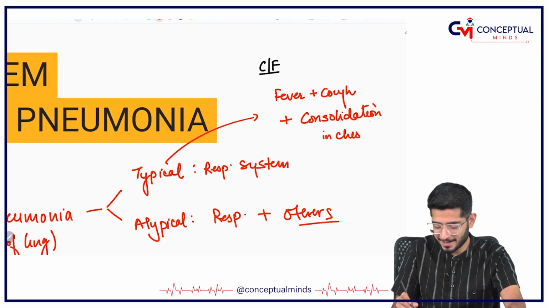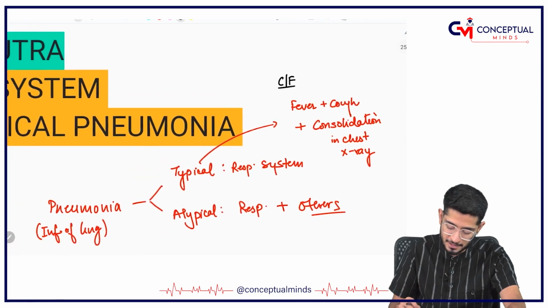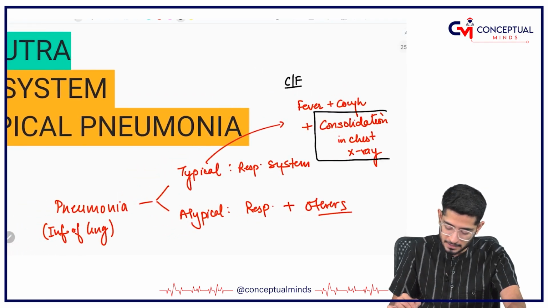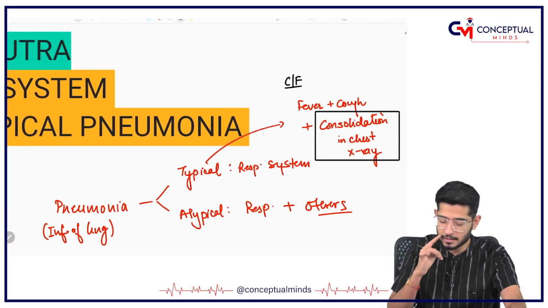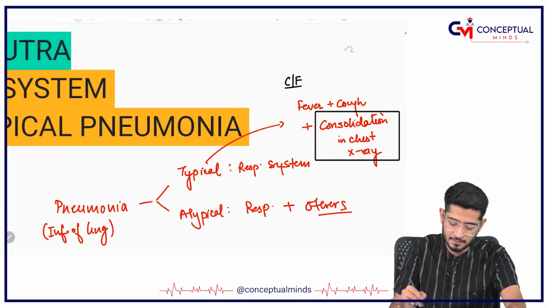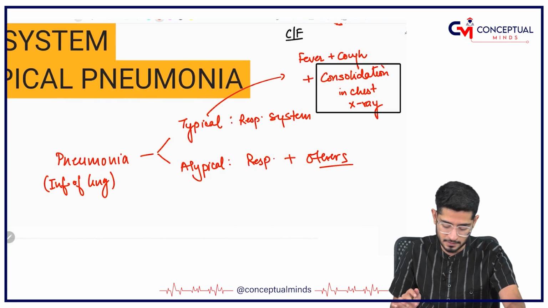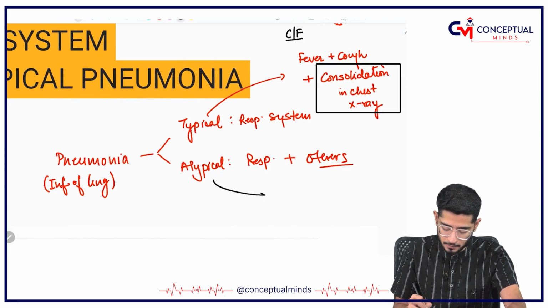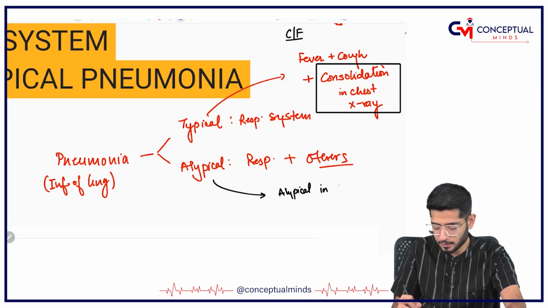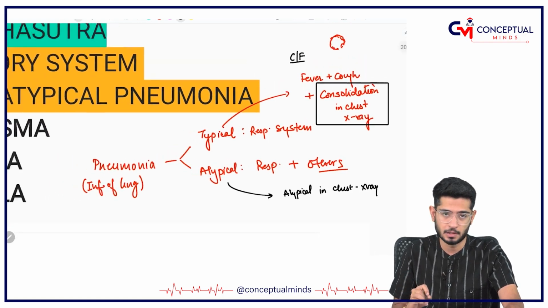Although I can teach you, this is not my domain to show you the consolidation in the chest X-ray. You can just imagine a white colored, circular, rounded consolidative shadow that is formed in the chest X-ray. These are the typical features, whereas atypical ones have got some atypical presentation in the chest X-ray. That's why they are called atypical ones.